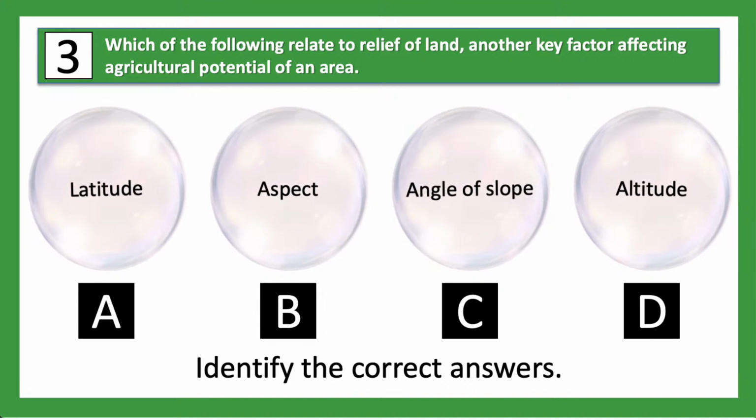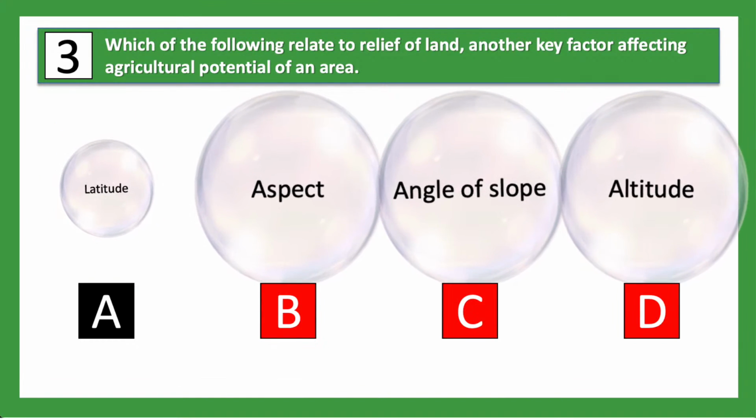Let's see what your answers are for that one. You need to know what relief is for that one, obviously. Let's have a look at the answers for that one. The correct answers are B, C, and D.